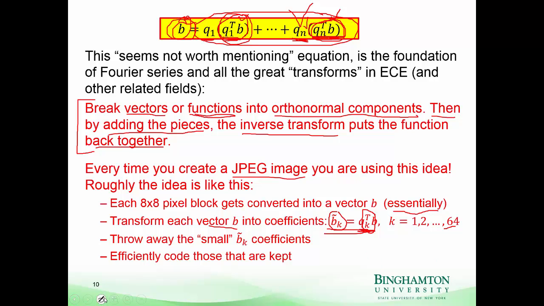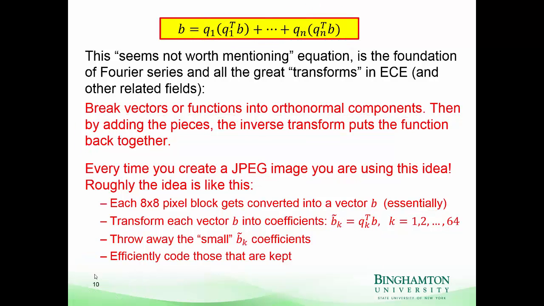Now, that step is equivalent to taking this original B, which holds the 64 pixels, and multiplying it by some appropriate Q transpose matrix. So Q transpose times B would give me a new vector, which I would call B tilde, and it would have 64 elements.